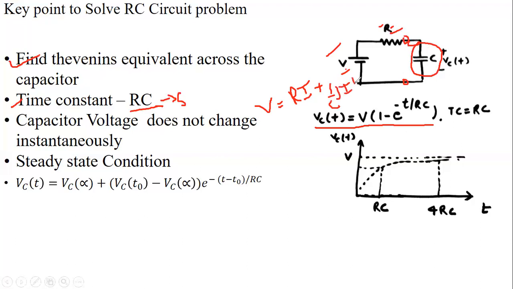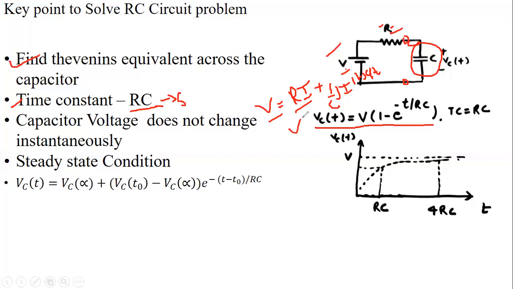If we differentiate this equation, V becomes 0, and the equation is R di/dt plus 1 upon C i equal to 0.